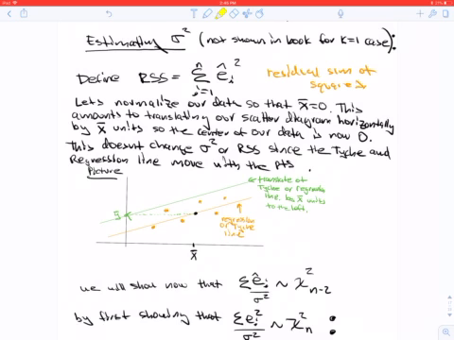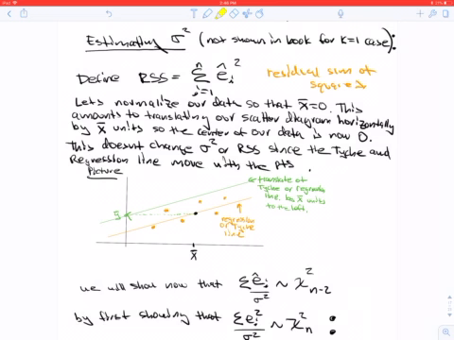So we define the residual sum of squares, which is just the Euclidean norm of the residual vector, and this is going to be involved with our estimator. So now we're going to normalize our data, and this is not going to affect our estimator in any way.